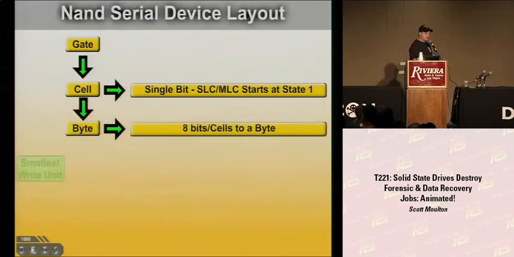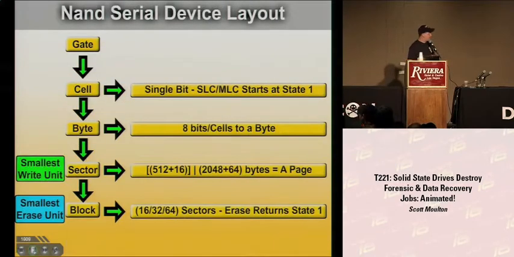So this is the breakdown of all the stuff I was just talking about. I wanted to give you an overhead view of what we're looking at, because this is different from what we're used to with a hard drive. Physically, you have your smallest unit, then a cell, then a byte, and we get to our smallest writable unit, which is a sector. Now, the 512 plus 16 means there are 16 extra bytes for flags, for things that can change.